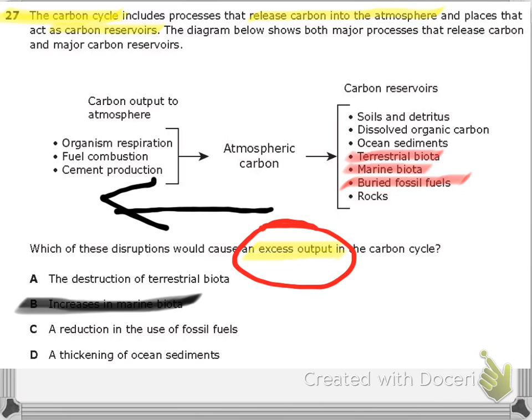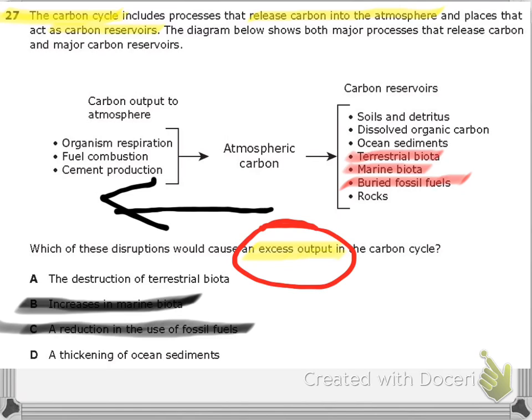A reduction means we reduce the amount of use, so we don't burn as much fossil fuel and aren't releasing as much into the atmosphere. That wouldn't cause an excess output because it's still maintaining its life underground. Let's carbonize that and mark it incorrect.